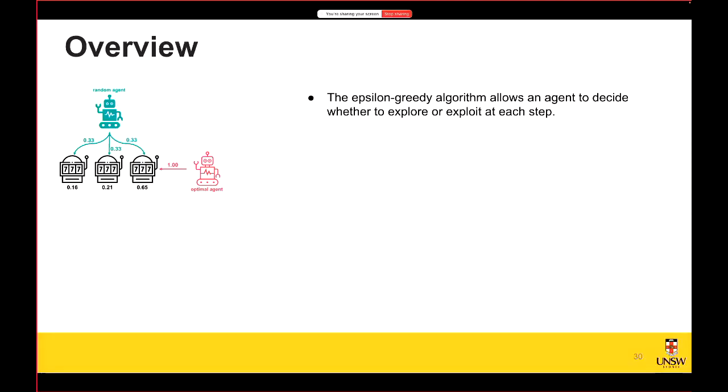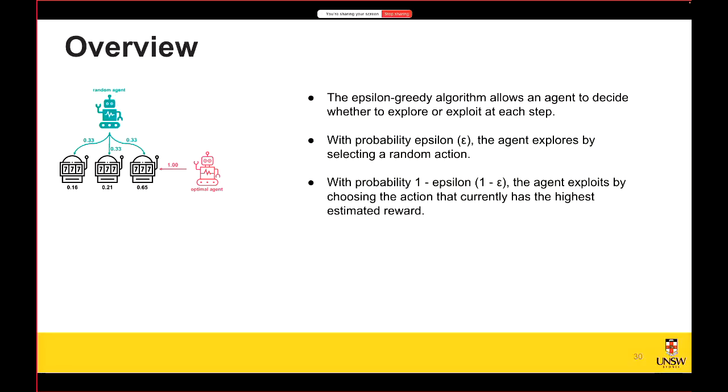It is done like this. With probability epsilon, the agent will explore a random arm or a random machine. And with probability 1 minus epsilon, the agent will exploit based on what it has observed. So the exploit is defined by this.